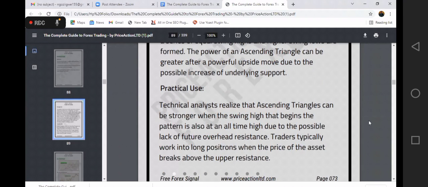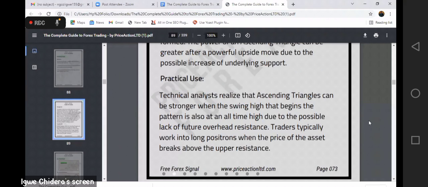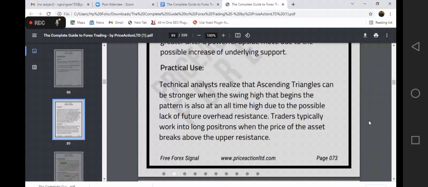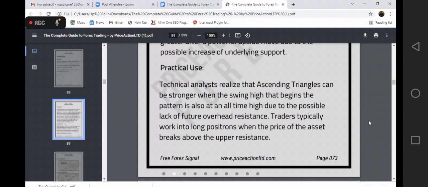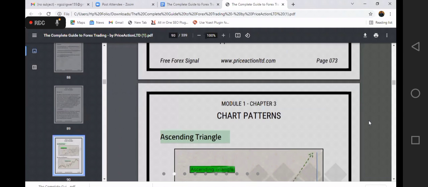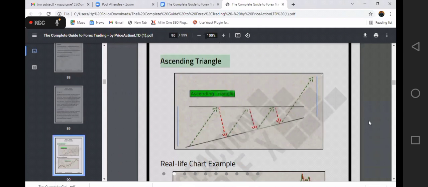Technical analysts realize that an ascending triangle can be stronger when the swing high that begins the pattern is also at an all-time high due to the possible lack of future overhead resistance. Traders typically walk into long positions when the price of the asset breaks above the upper resistance. It's very simple. Look at how it used to look like.